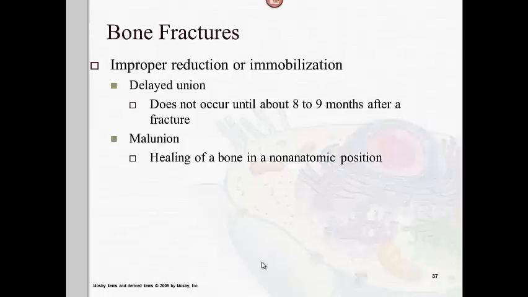The trabecular bone is first resorbed by osteoclasts, creating a shallow resorption pit, remember. Then the osteoblasts deposit compact bone within the resorption pit. If this does not occur properly, you could get nonunion, delayed union, or malunion.